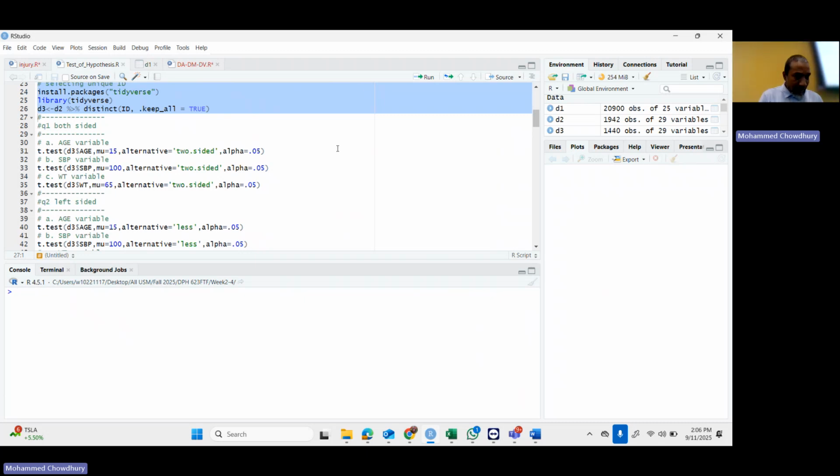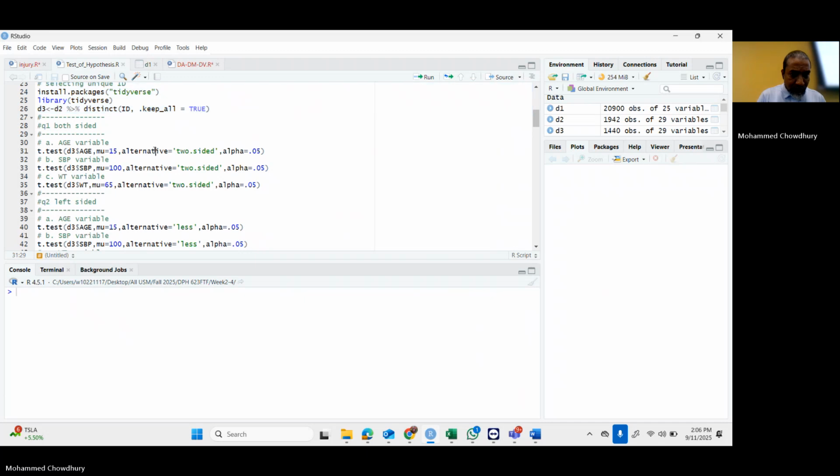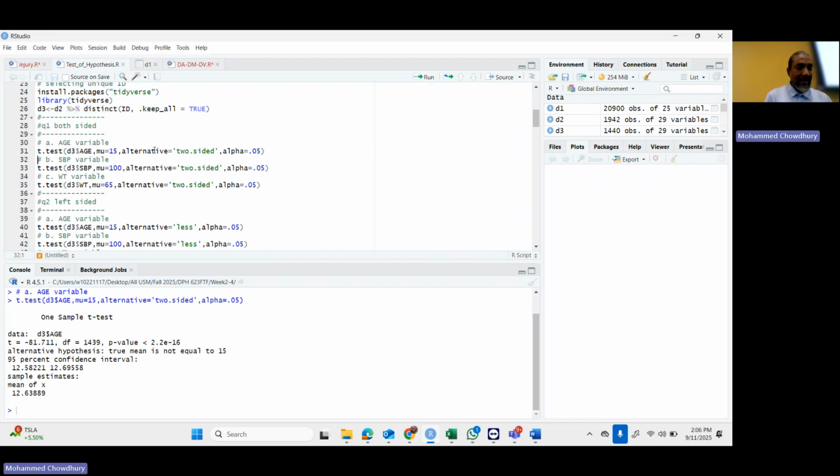If I run it, take a look at the result. If I run it, this is the results. Now, please give a little focus on this. In this case, T is coming like that. DF is that. P value is very small, right? P value equal to 2.2 e to the power negative 16. That means after decimal point, there are 15 zeros, then 2.2.